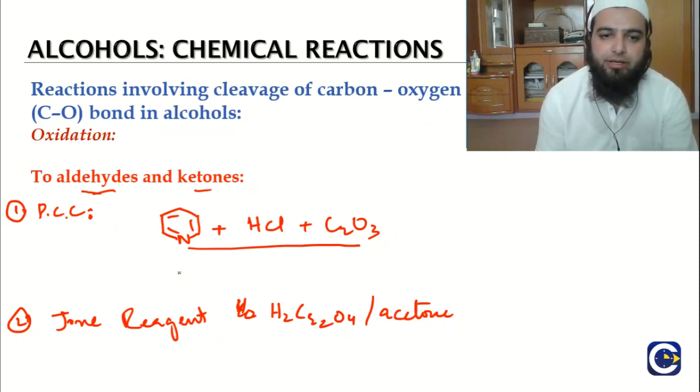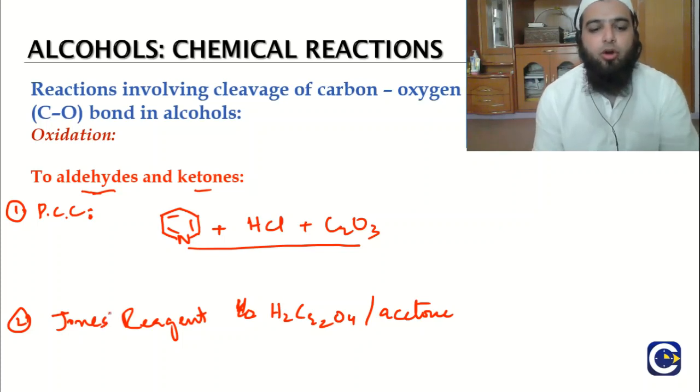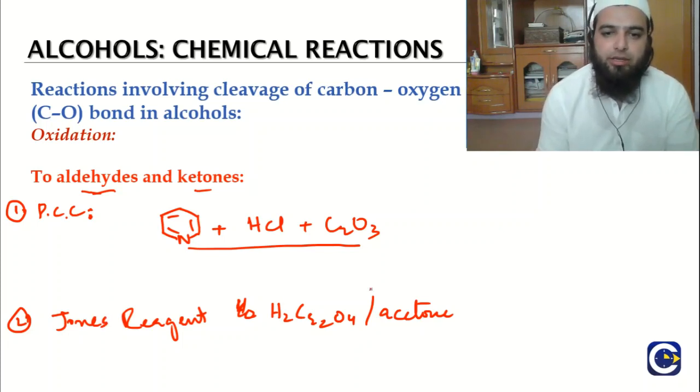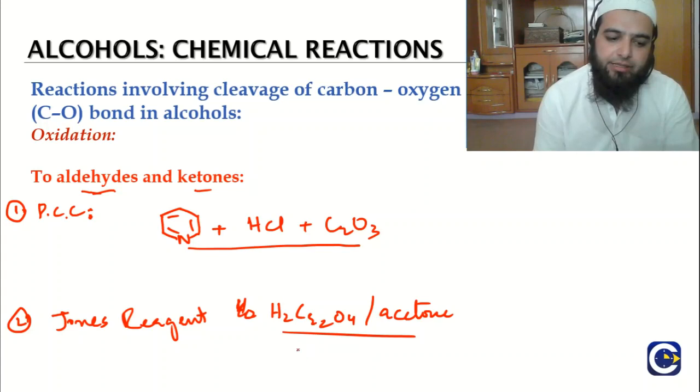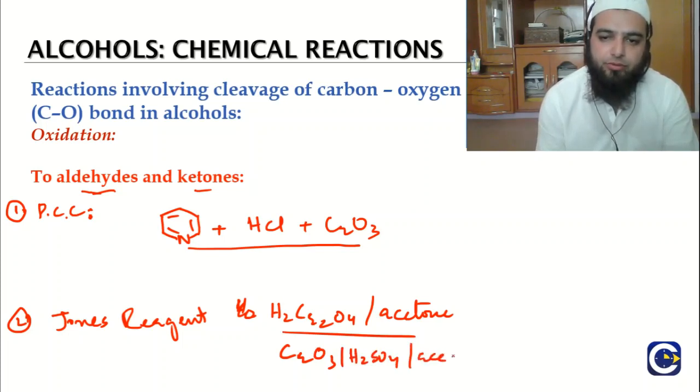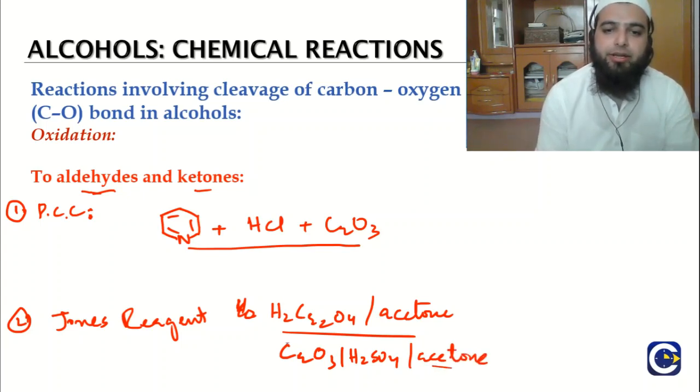This is the Jones reagent, used for the oxidation of alcohols. In many cases, we may get this Jones reagent as CrO3, H2SO4 and acetone. Sometimes the reagent is written like this.